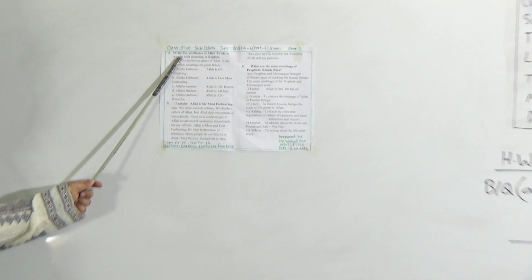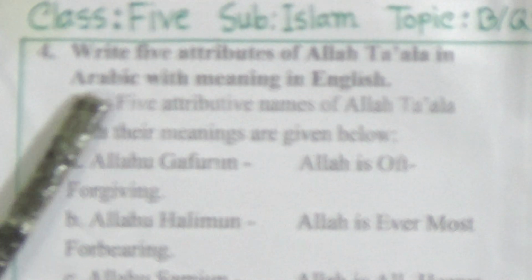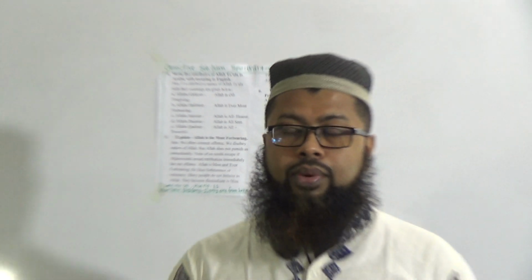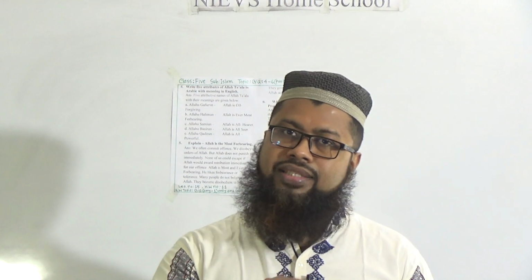Question number 4. Write 5 attributes of Allah Ta'ala in Arabic with meaning in English. My beloved students, the question is saying write 5 attributive names of Almighty Allah in Arabic with the English meaning. What does it mean? No need to write in Arabic. You have to write the Arabic term in English.